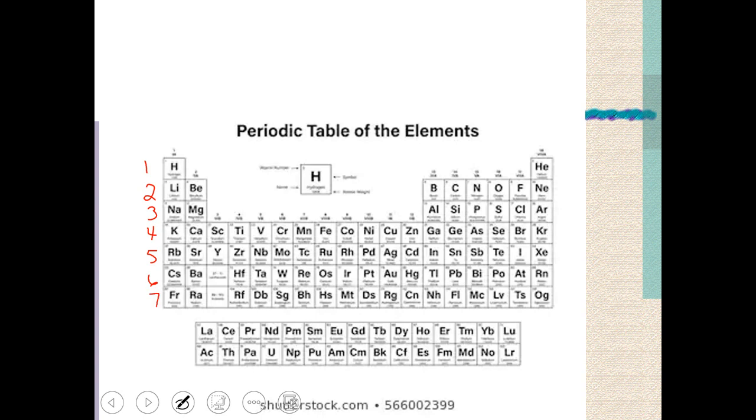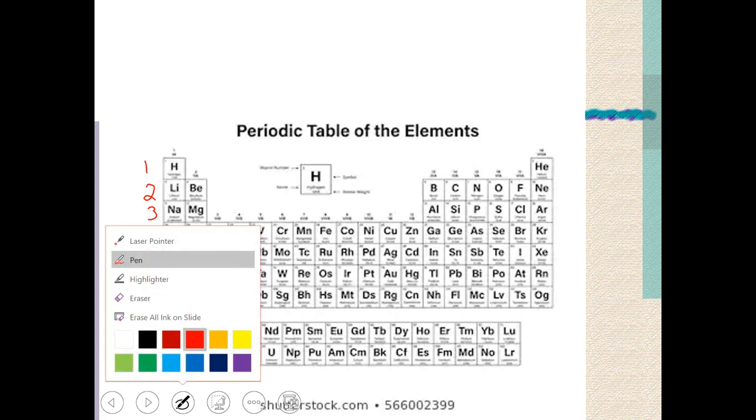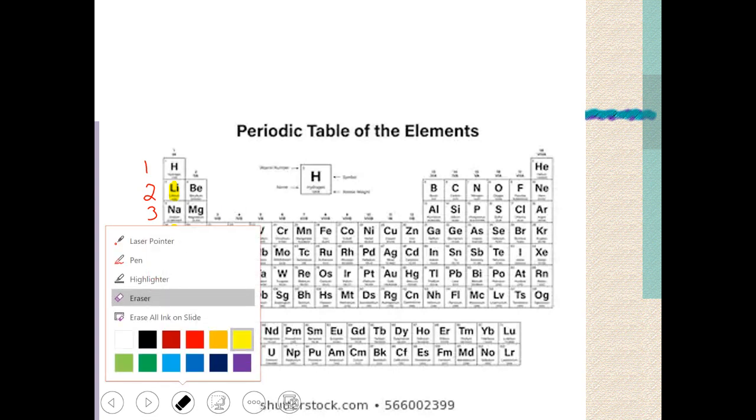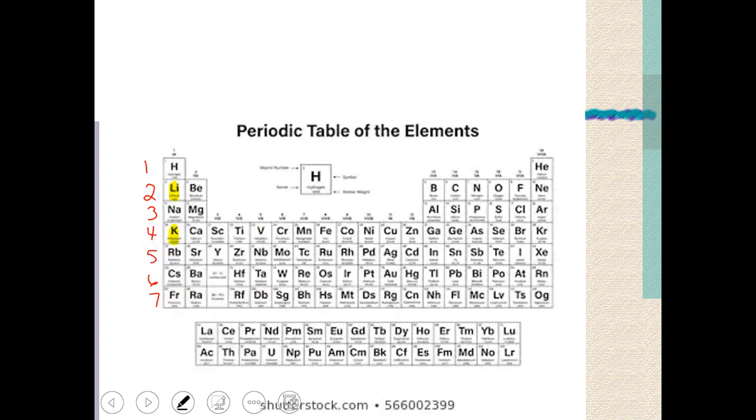The row stands for the outermost energy level. Take a look at this, okay? Do you see this? The lithium ended in 2s1 and the potassium ended in 4s1. They're both in this little area of the periodic table that is 2 blocks wide.